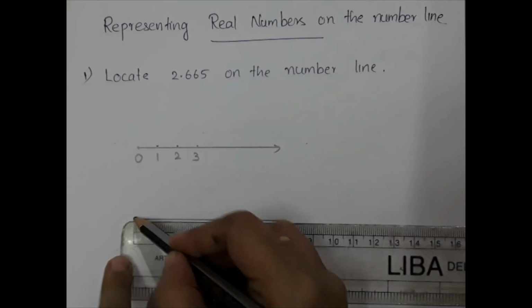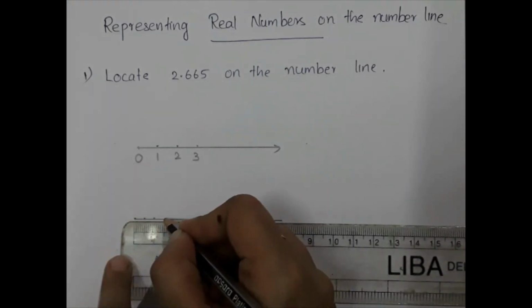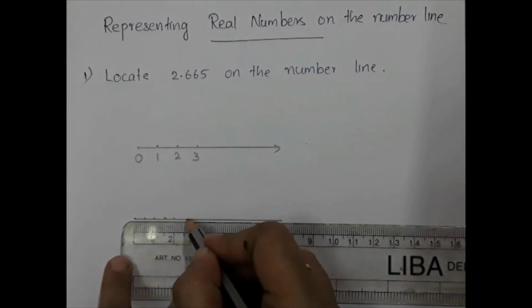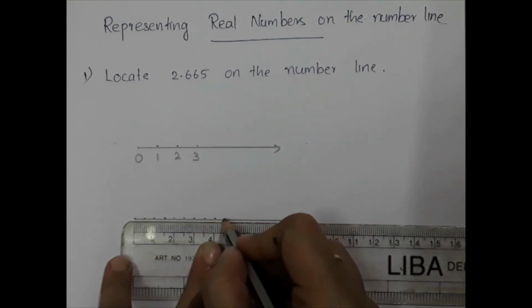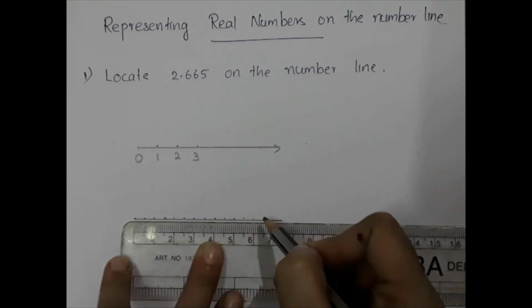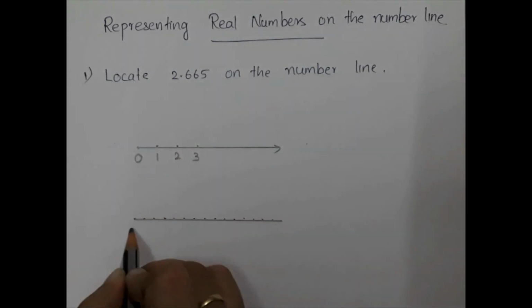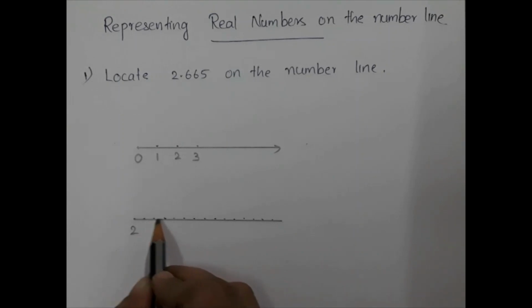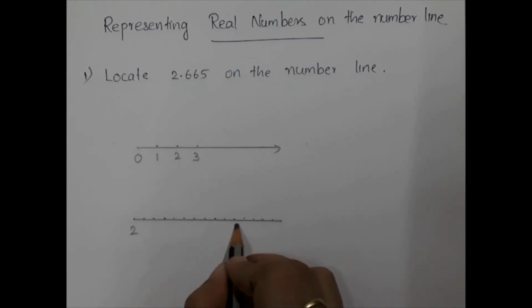So you have to draw that portion, 2 and 3, and divide that into 10 equal parts. That is 2 here, and then 1, 2, 3, 4, 5, 6, 7, 8, 9, 10, that part is 3.